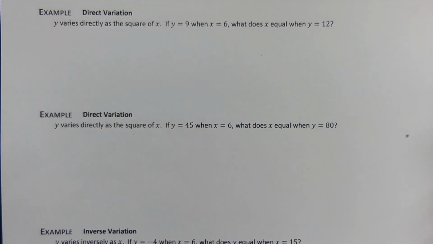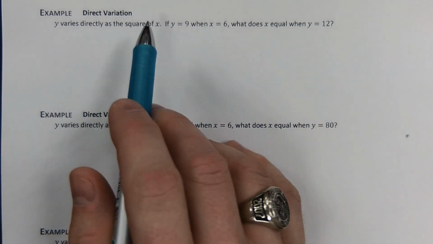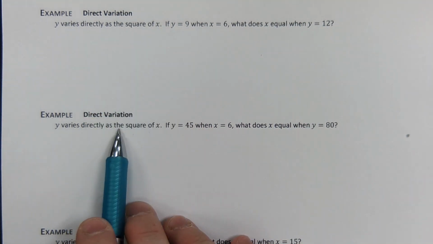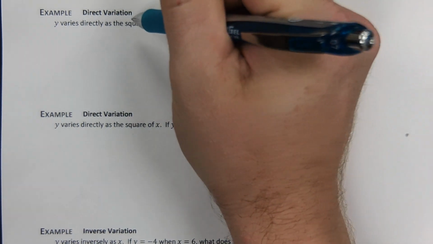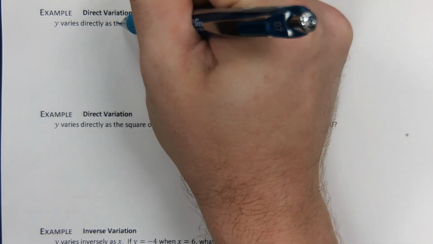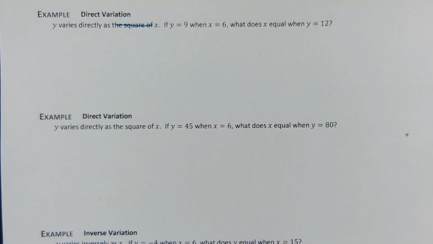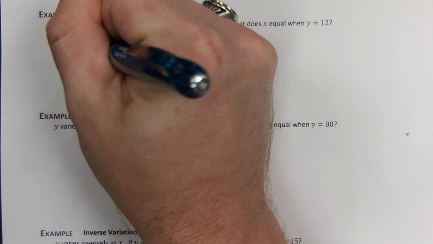And now that I'm looking at it, this square of isn't supposed to be there until the second example. I meant for this first example to just be y varies directly as x. Copy paste job, and I forgot to delete. Sorry. So y varies directly as x. I want you to just say y equals kx.